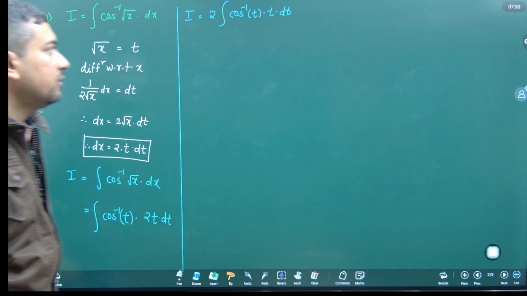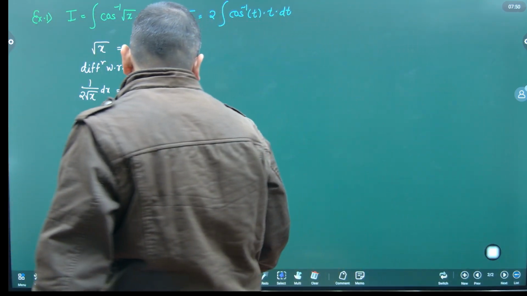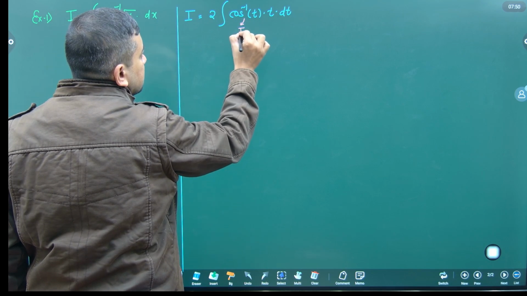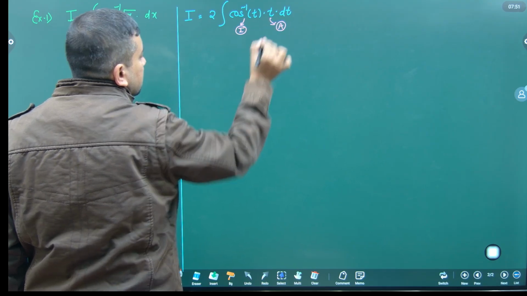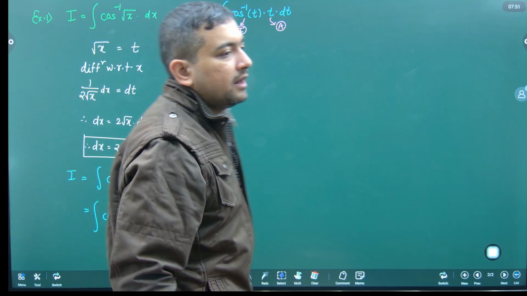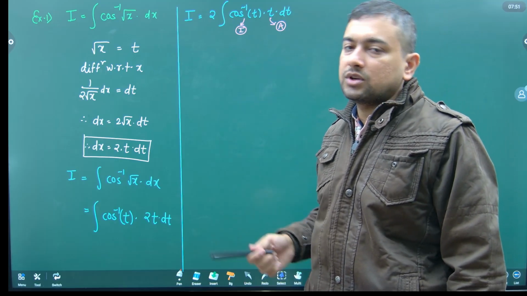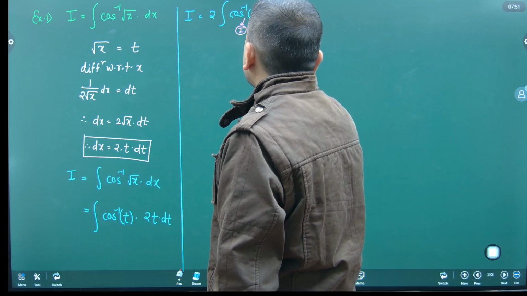This we need. So now we have two functions. What are these functions? Cos inverse t, it's an inverse trigonometric function. What about t? It's an algebraic function. So according to our rule, LIATE, what comes first? Inverse trigonometric function. So this will be your u, correct? And this will be your v.